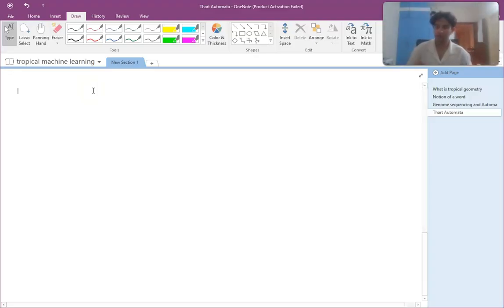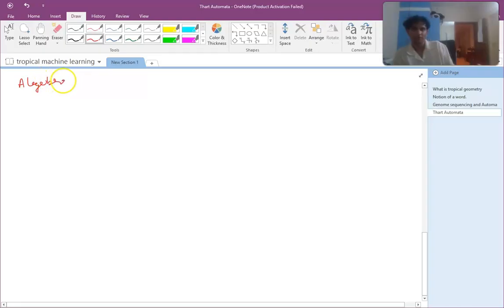I would also like to write down some algebraic equations that describe our base 2 third automata. The equations are the following.